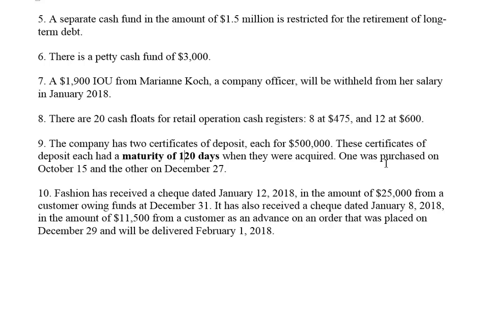So what's it going to be? It's not going to be cash either, because we can't access it any time we want. It's got a maturity of 120 days, and after that 120 days is up, then we can access it. So how would we handle this item? Well, it's really a short-term investment.